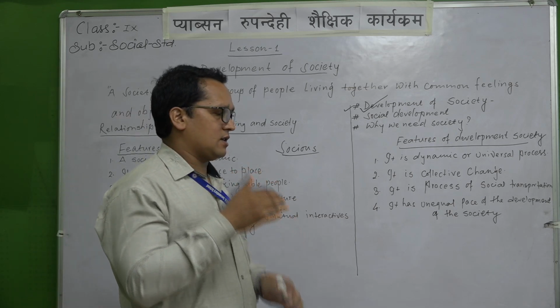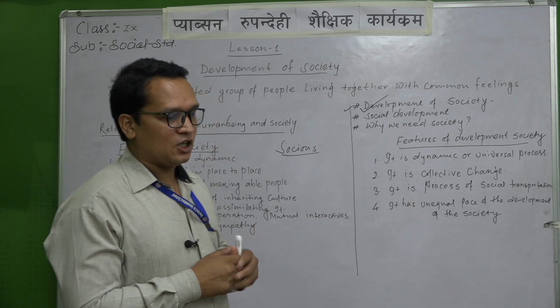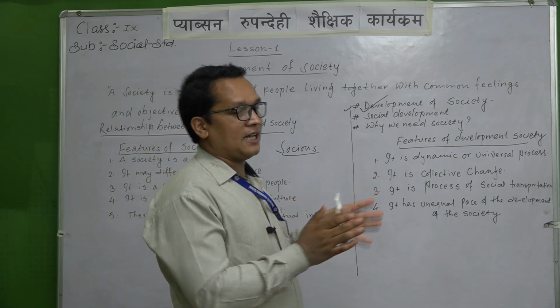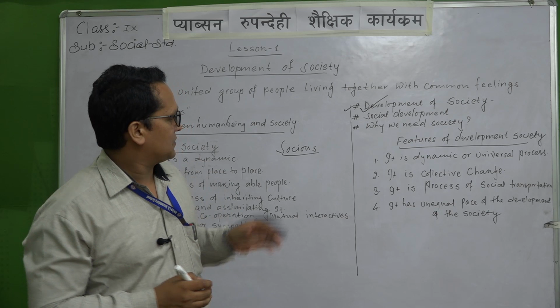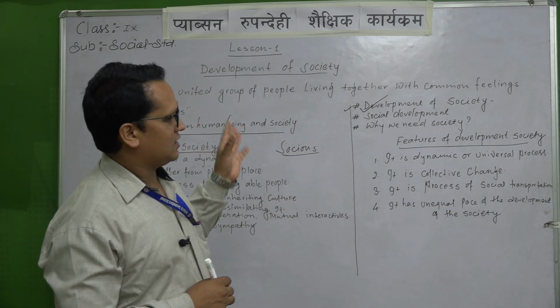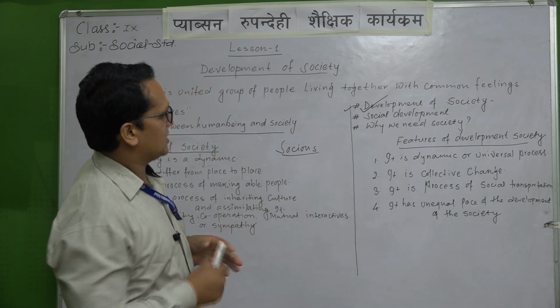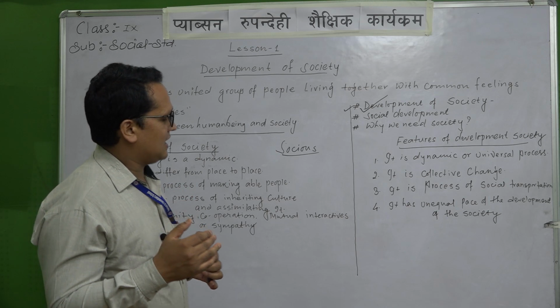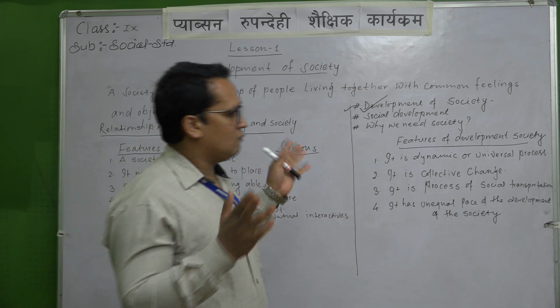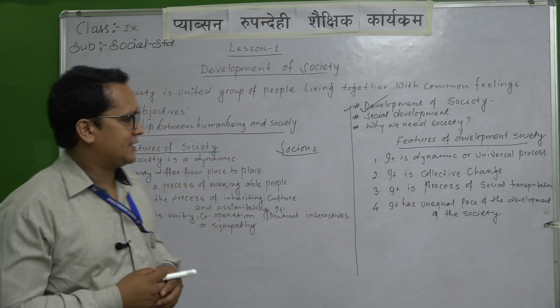Nowadays we are experiencing modern society, which is better than the previous society. So the development of society is that sort of process: simple to complex, uncivilized to civilized, and from traditional society in previous times to modern society now.